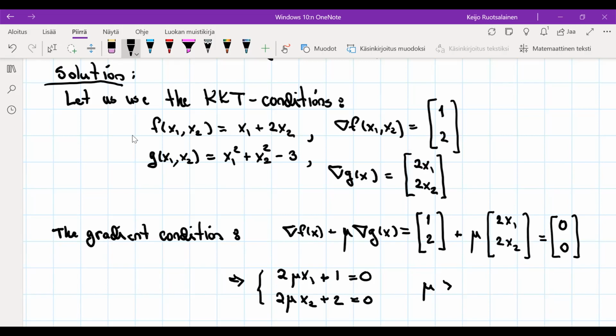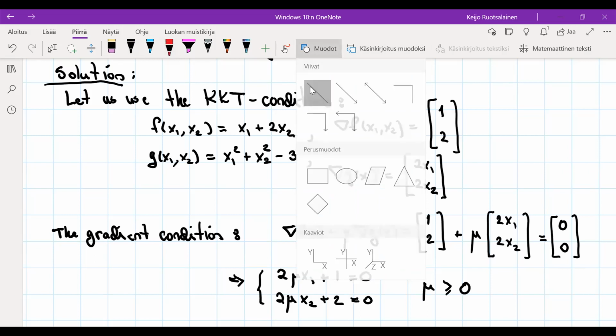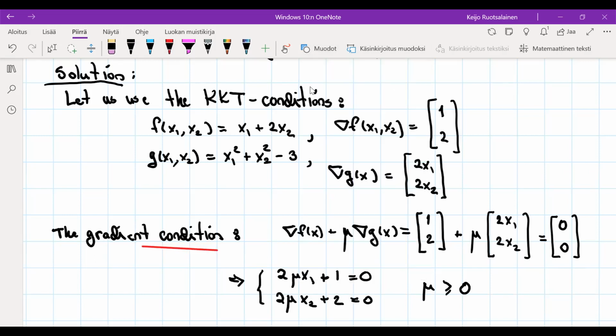And we know that mu, the Lagrangian multiplier, must be a non-negative number. So we have used here the gradient condition.